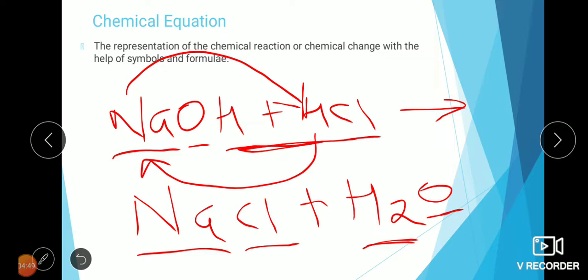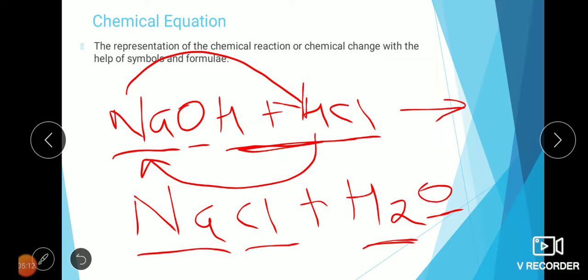If somebody asks you a simple question that why do we need to balance a chemical equation, the answer is very simple. We have learnt a law called as law of conservation of mass, which states matter can neither be created nor be destroyed. It can be transferred from one form to another.